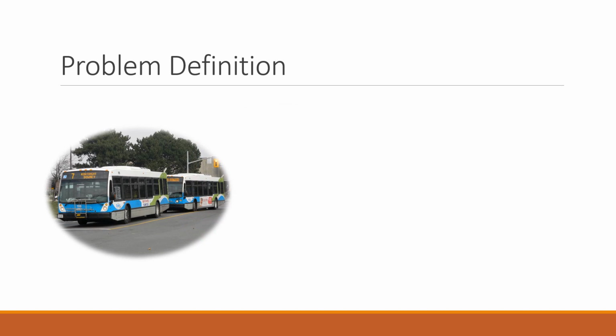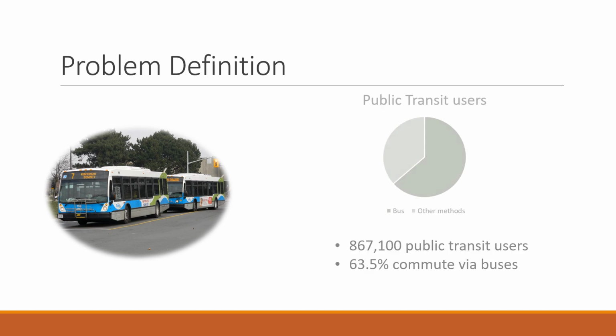Not being able to know how full your next bus is going to be greatly affects many public transit users. As it can be seen on this pie chart, bus is the most used public transit, occupying 63.5% of that space.